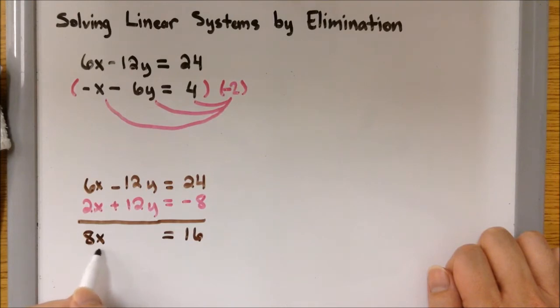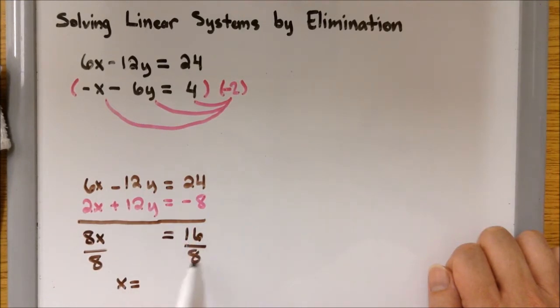Since we were able to get a variable by itself, instead of just having two unknowns, we were able to solve for one unknown. So 8x equals 16. If I want to get x by itself, I'm going to divide by 8. Do it on the left side, so I do it on the right side. 8x divided by 8 will be simply x.